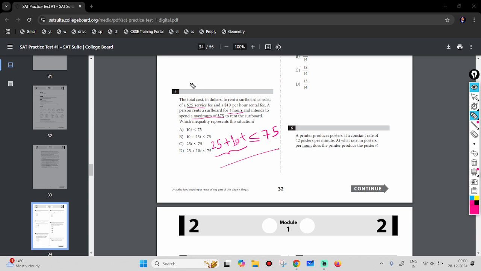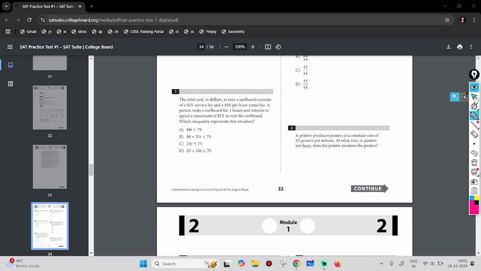This is a very common problem: one thing is fixed and one thing is variable. $25 is the fixed fee, and $10 per hour depends on the hours. So 10 times t will be our variable rent. Adding both of them has to be less than or equal to 75. I guess D is the correct option.